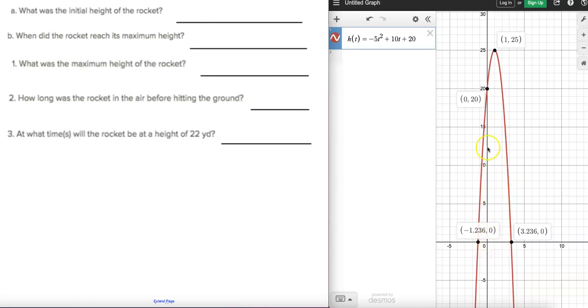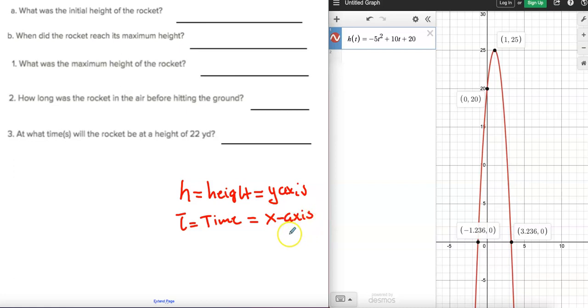Quite naturally, we remember, and I'm going to write this here, that the H is like your Y in this case, because the H is representing the height. In order to find the height, I have to look at my y-axis. And the T is representing the time. In order to look at the time, I have to refer to my x-axis.